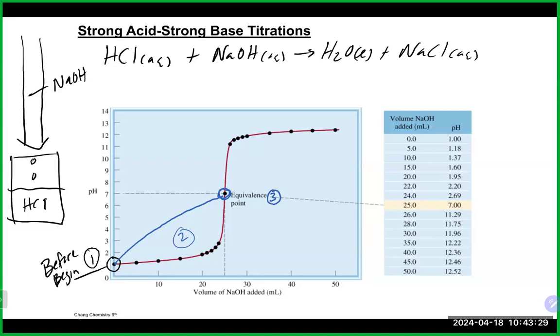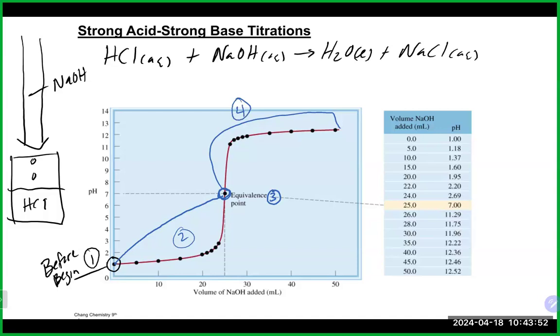One of the nice things about titrations that we will do is there's no worry. We're going to go right past the equivalence point, so you don't have to worry about getting the super light pink or anything like that when we do the lab. So if we continue on past the equivalence point, that's the fourth part of the titration curve, and that is what happens as you go past the equivalence point.